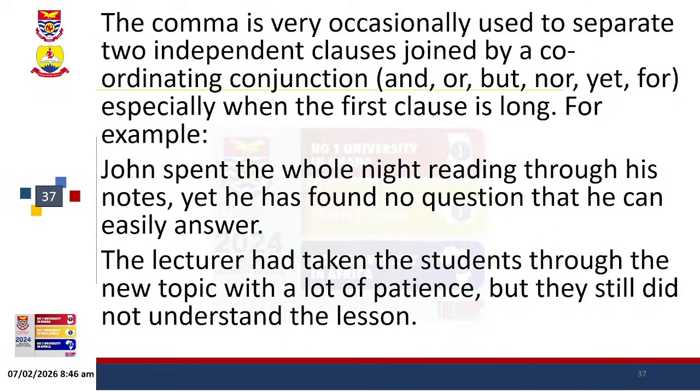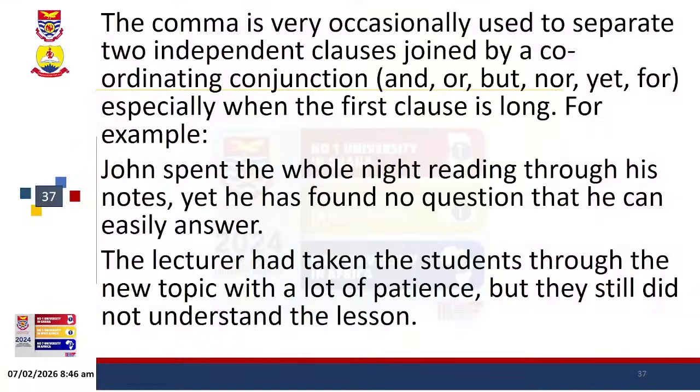Good. The comma is very occasionally also used to separate two independent clauses joined by a coordinating conjunction. Coordinating conjunctions are and, or, but, nor, yet, for, especially when the first clause is long.